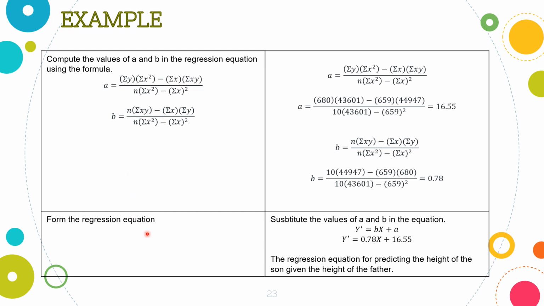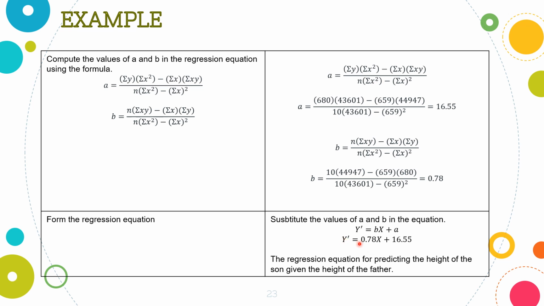So, for step 4, we create our regression equation, which is y prime is equal to bx plus a. So we substitute the value of a and b. So y prime is equal to 0.48x plus 16.55.